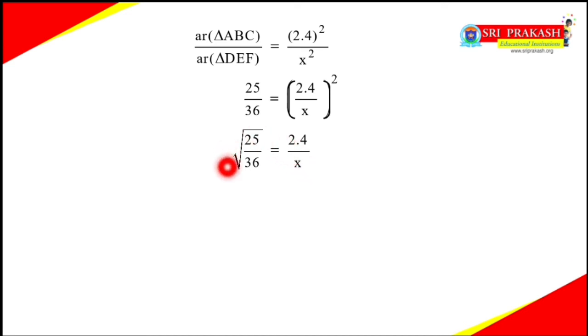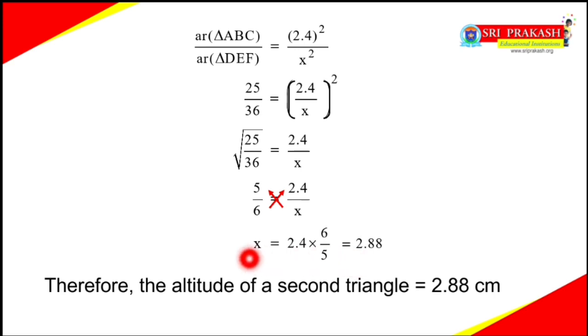Let us take the square roots of 25 and 36. Then we get 5 by 6 is equal to 2.4 by x. Now let us simplify by cross multiplication. Then we get x is equal to 2.4 into 6 by 5. By simplifying, we get the value of x as 2.88. Therefore, the length of the altitude of the second triangle is equal to 2.88 centimeters.